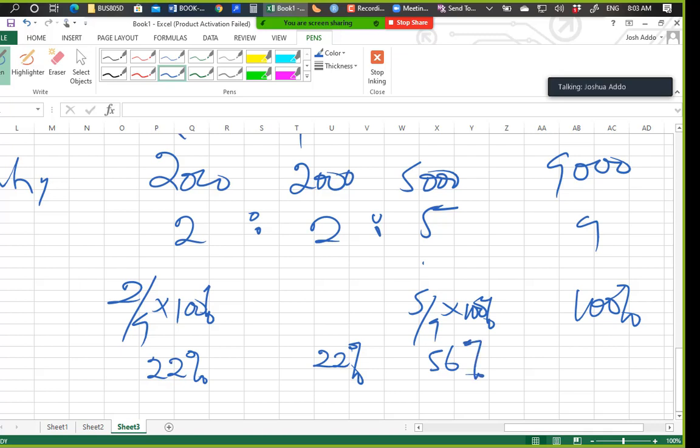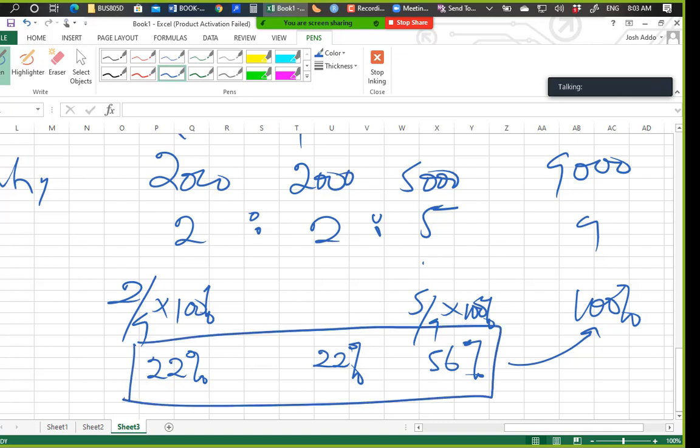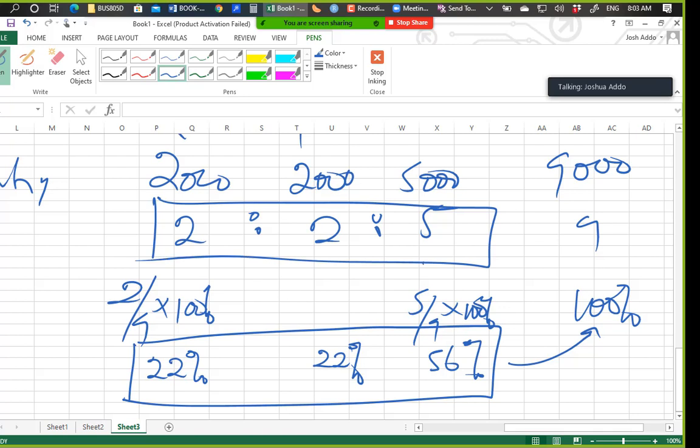It means when you add all of them together, you should get 100%. 22 plus 22 plus 56. Does this sum to 100% because we have rounded? Yes. Good. So you can go by this. If the question comes and for whatever reason it has already given you the sales mix in percentage, you know what it is.